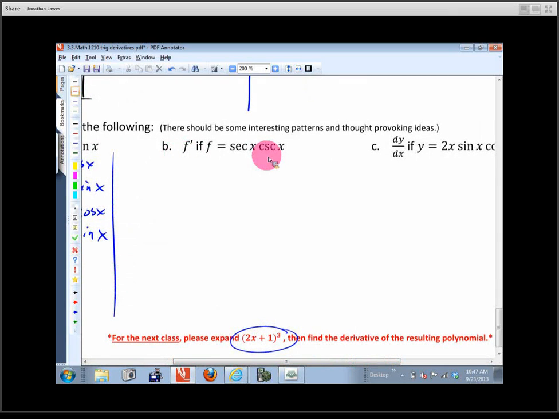Product. First, secant of x times the derivative of cosecant. Now the derivative of cosecant is negative cosecant times cotangent, plus, now it's the second, cosecant times the derivative of the first, which is secant tangent.